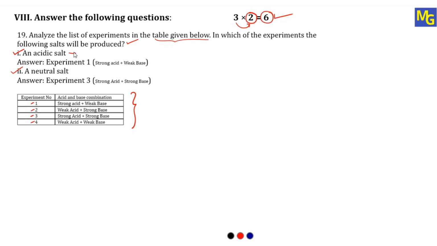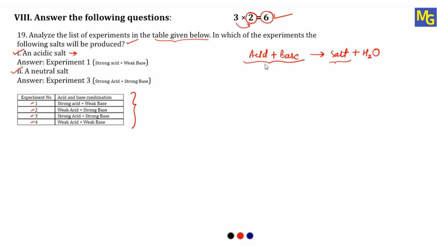So for acidic salt, you can see whenever there is a salt formation, acid and base will be combined. When acid and base are combined, we are going to get salt and water. So these are the products. This salt can be acidic, can be basic, or can be neutral. It depends on this acid and base.